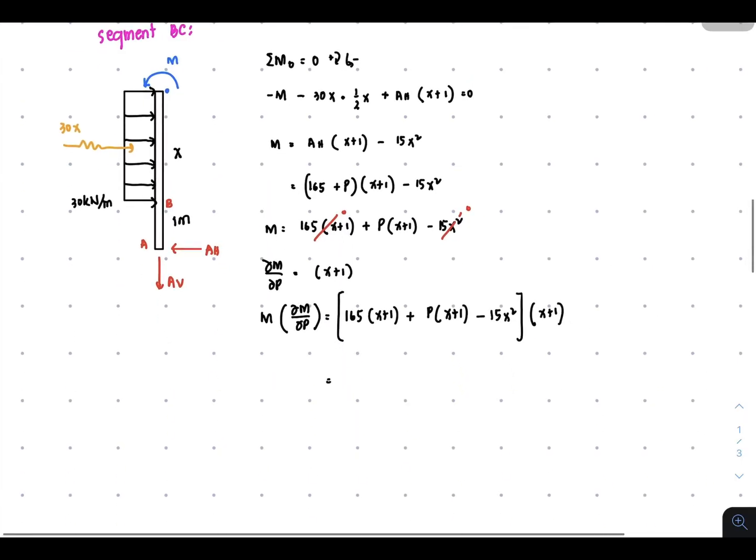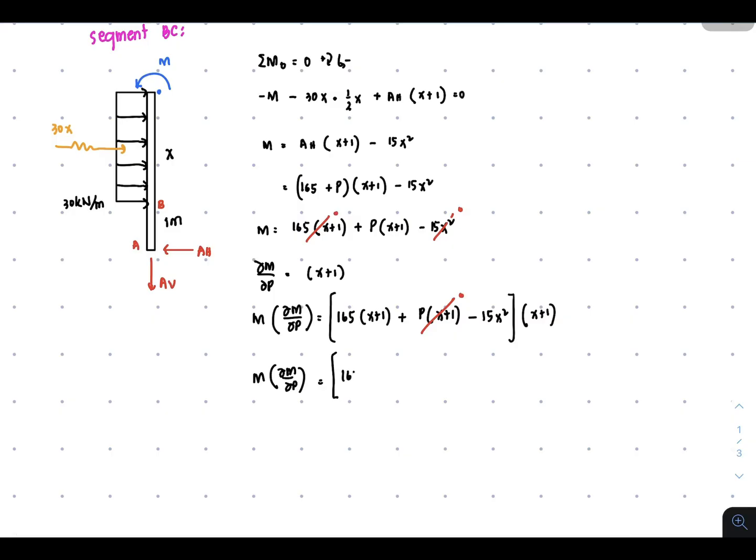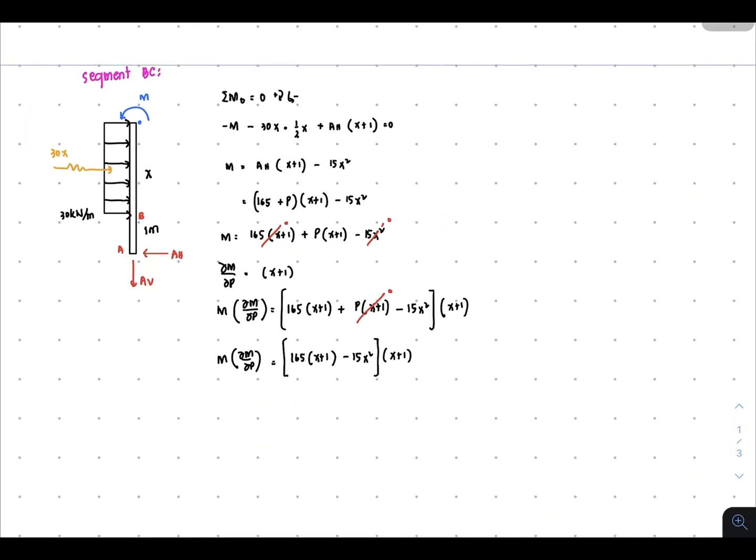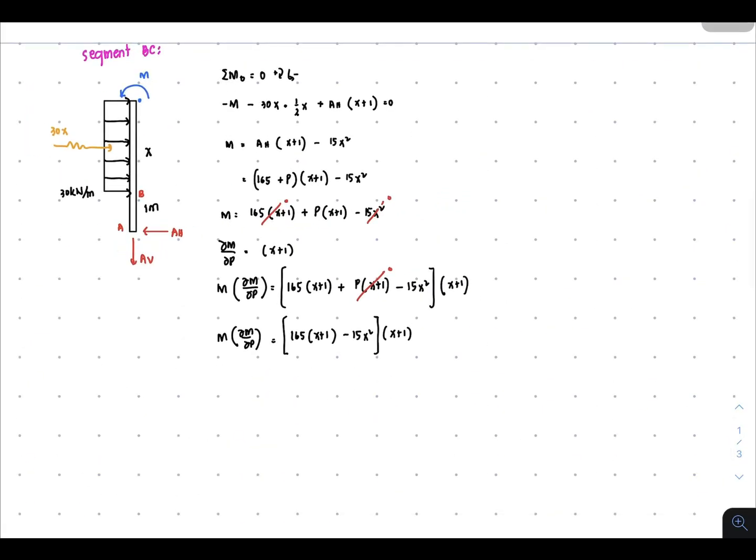And then here, we are going to set the value of P equal to 0 completely. Therefore, the product of the M and the partial derivative would now be 165 times x plus 1, minus 15x squared, times x plus 1. So that is your segment BC.